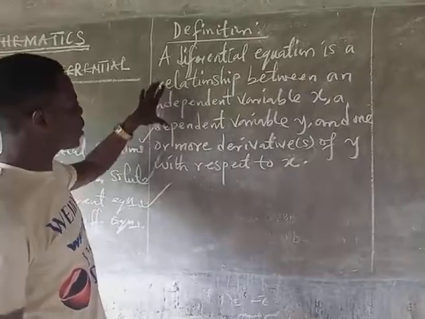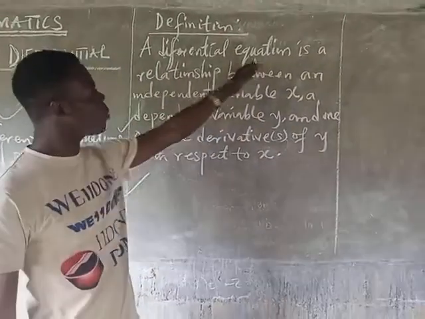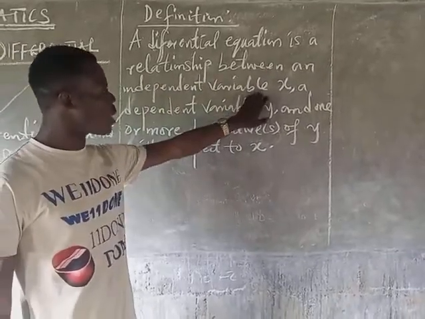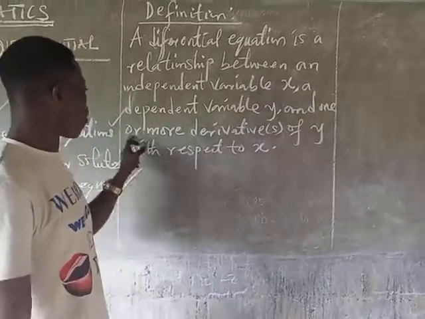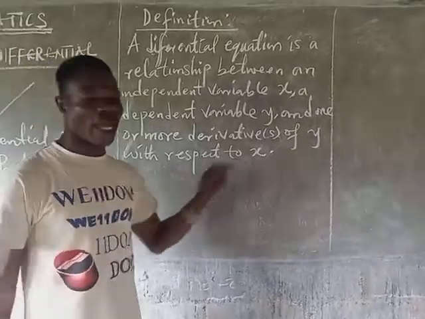So this is the definition of a differential equation. A differential equation is a relationship between an independent variable x, a dependent variable y, and one or more derivatives of y with respect to x.